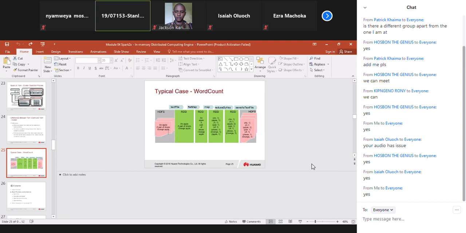An apple, a pair of shoes, and orange apples. We have different RDDs. RDD1 here still takes them the way they are. Then here they are broken in RDD2. Then again, they are mapped, they are sorted, and you have the final results. And these final results are still stored in HDFS. Remember we said HDFS is used for storage. So this is how Spark does a typical word count.